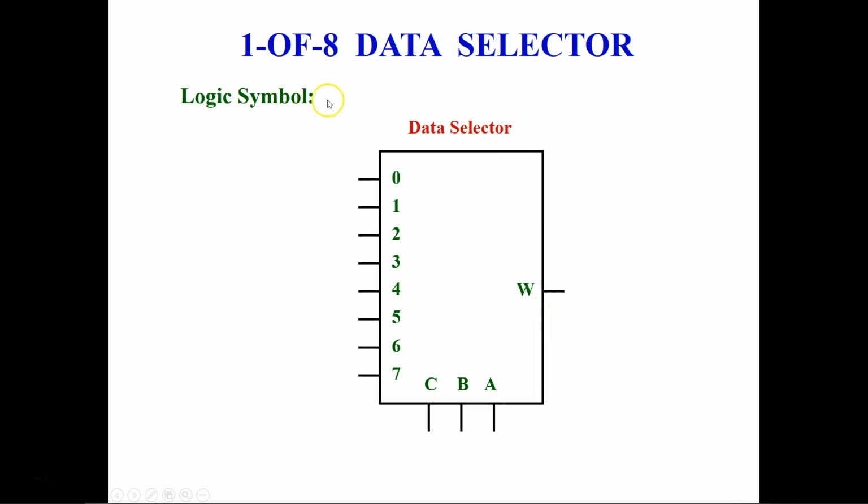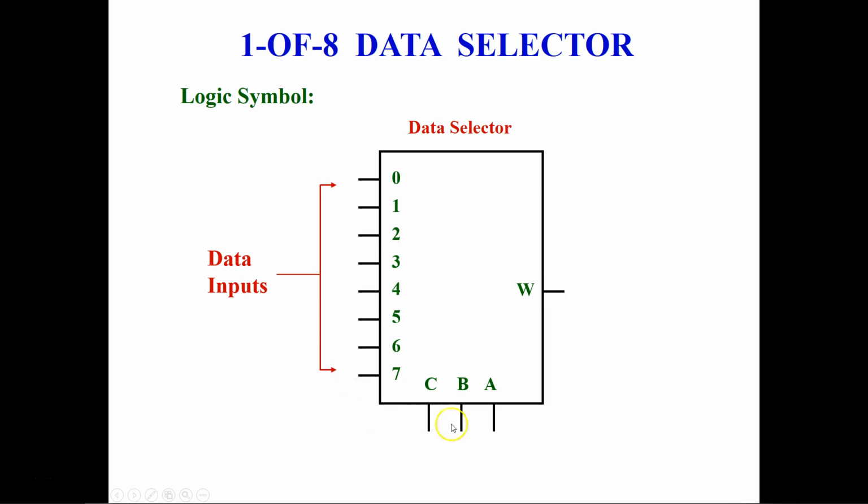So here you see a 1 to 8 data selector, and this is the input which has three variables, and different combinations of inputs from 0 to 7.